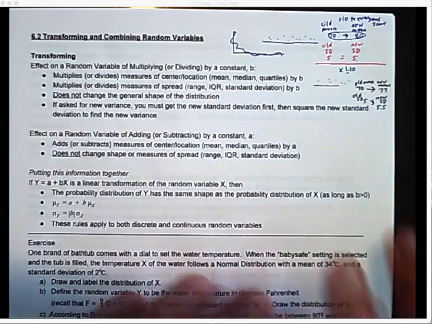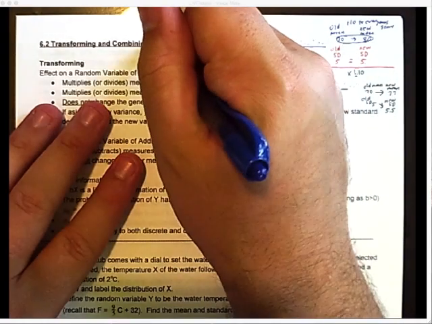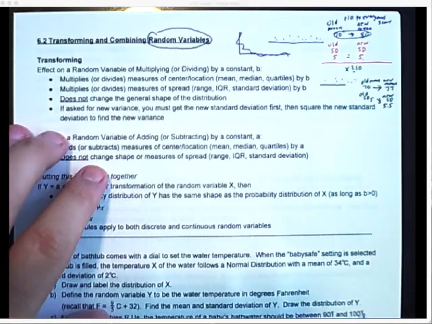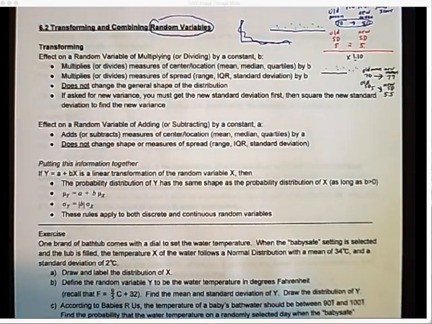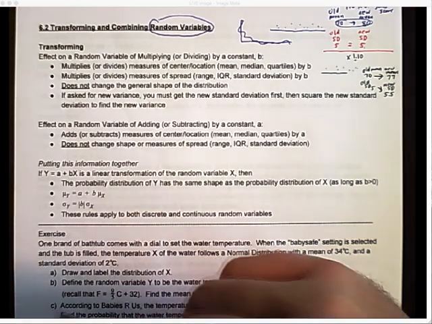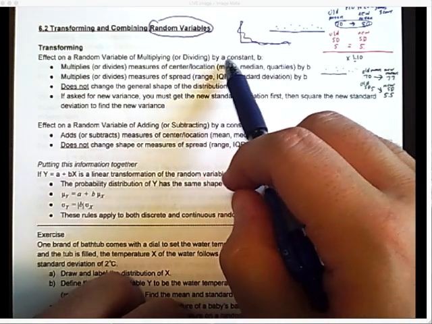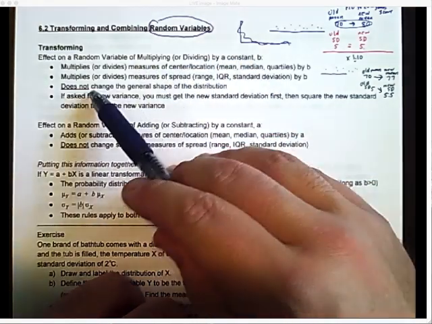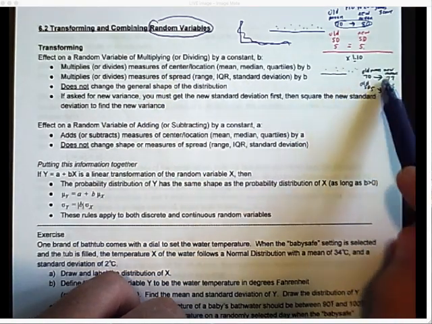Now we're going to do the same type of thing, but in the context of random variables. Let's read through some of the notes here. If you multiply or divide by a certain constant b, it changes the measure of center, just like it did here.